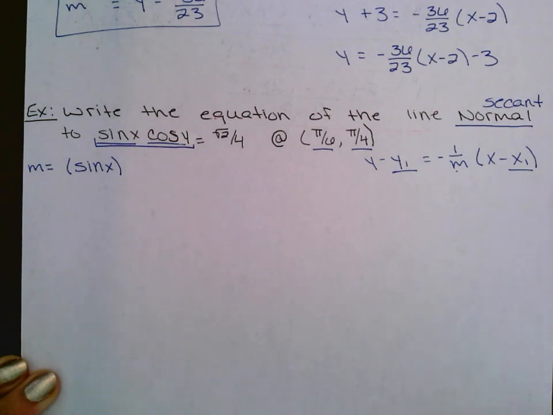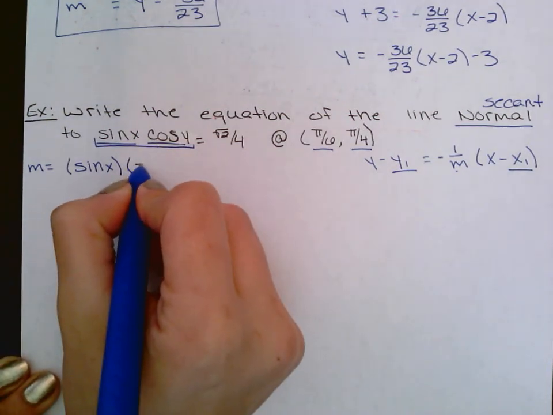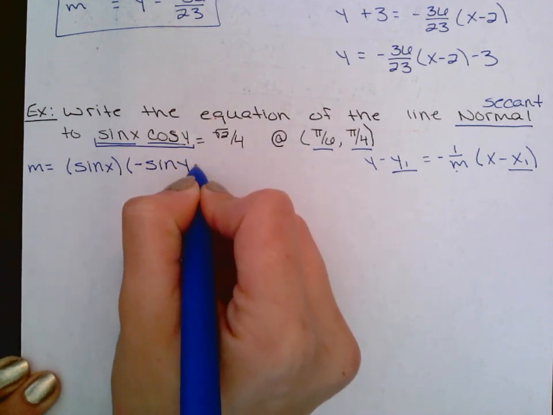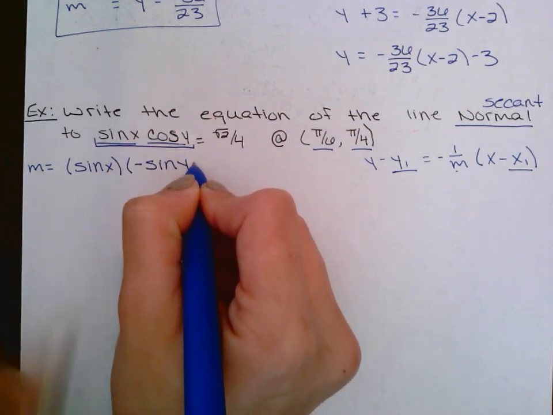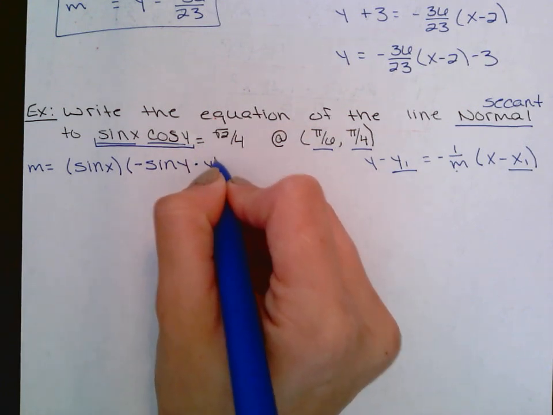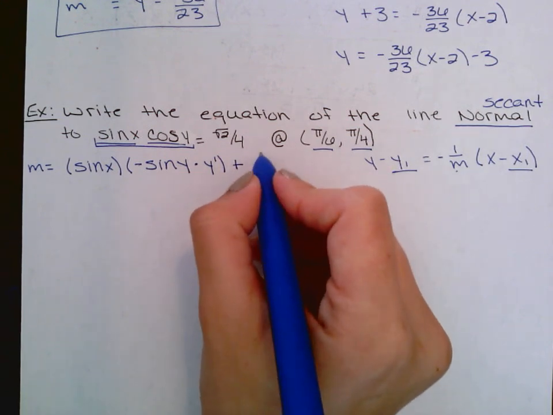Okay? So first times the derivative of the second. Derivative of cosine of y would be negative sine of y. And because it's with respect to x and that's not an x, I have to do times y prime or dy dx. Okay? Plus derivative of the first.